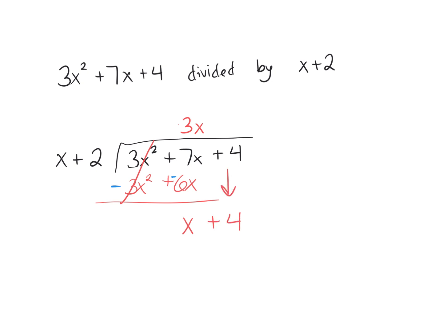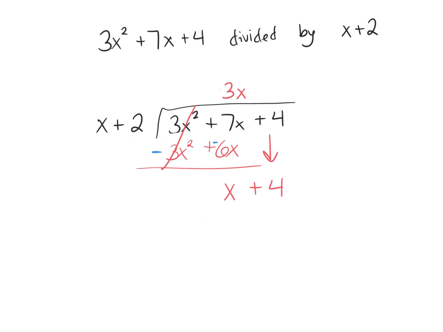Now you do the same thing. Okay? How do I turn x into x? Or is it already the same? It's already the same, so what can I multiply by? 1. To keep it the same. So we're going to put plus 1 up at the top. So now I do the same thing. What's 1 times x? 1x. What's 1 times 2? 2.